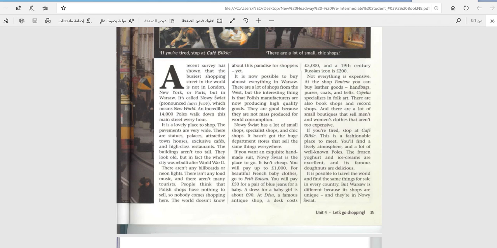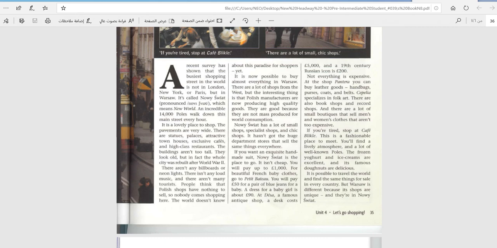A dress for a baby girl is about €90. At Desa, a famous antique shop, a desk costs 5,000 euro and a 19th century Russian icon is 200 euro. The shops there are not cheap but expensive, and can cost you over 10,000 euro. You can buy baby clothes and antiques at these prices.